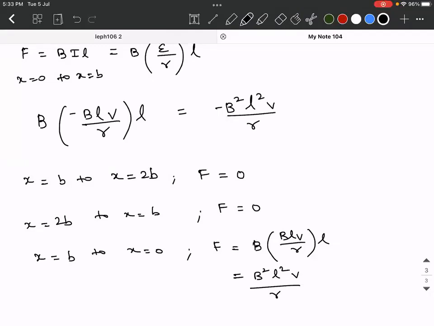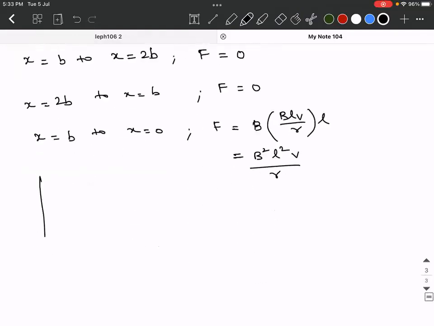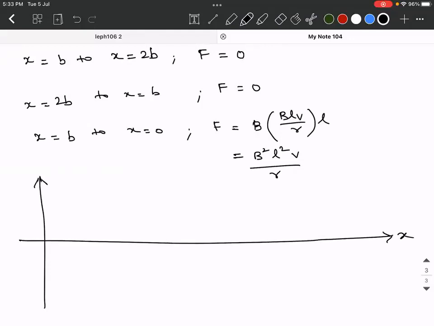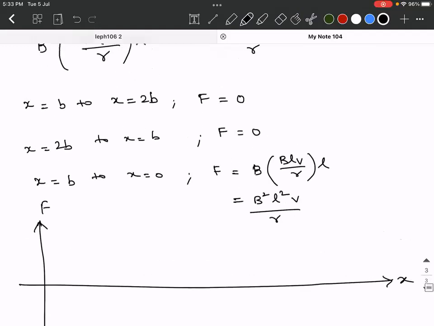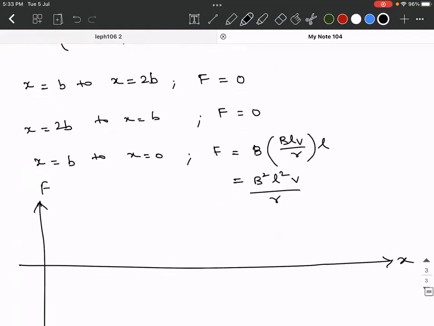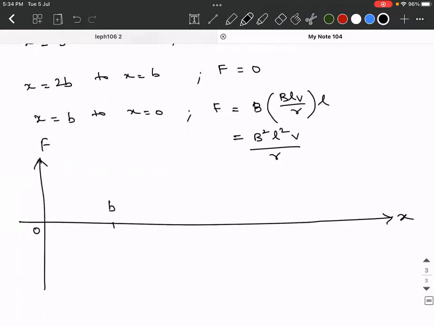Done. Now see how to draw the graph for it. So when you take from 0 to b, it is minus b square L square v divided by r. Similarly, when you take it from b to 2b, how much is it going to be?